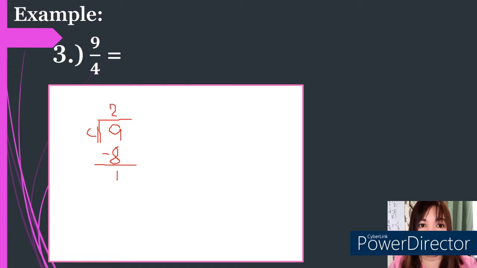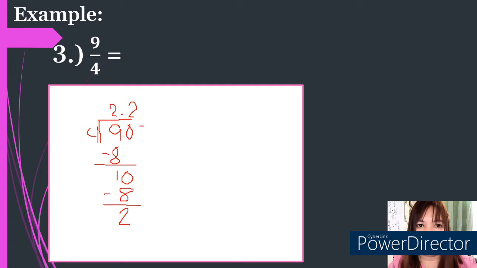Okay, 1 can be divided by 4? Can we divide 1 by 4? So, it cannot be. So, we're going to add a decimal point, align, and add 0, and we treat it as bring down 0. Okay, so it's whole number 10 divided by 4. We have 2, then 2 times 4, we have 8, and if we subtract 10 minus 8, we have 2.